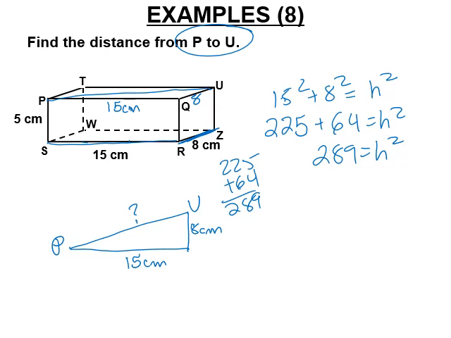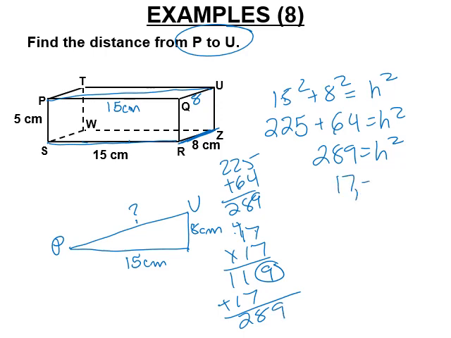So good guesses would be 16 or 17. Let's see if it's 17. 7 times 7 is 49. Oh, that's a good indication. 7 times 1 plus 4 is 11. And then we add another there. Yep, 289. So it's 17, and negative 17 is our distance, and it's centimeters.